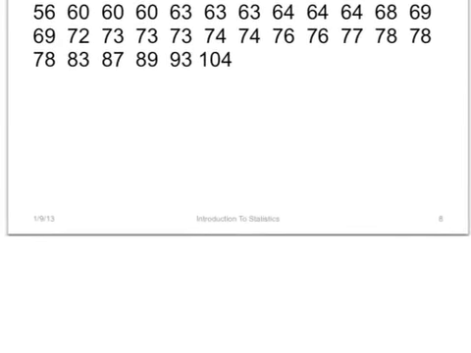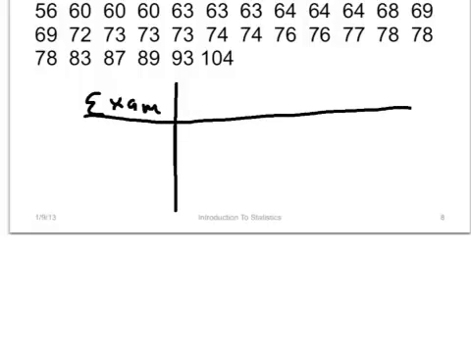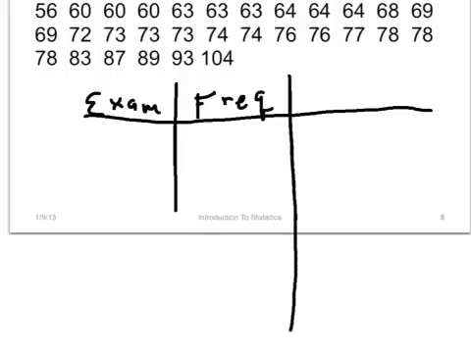So I'm just going to move this up. And again, we're going to do the exact same thing that we've been doing. We're going to create a table. Let's call this exam, and then here we'll have frequency, and over here we have relative frequency.